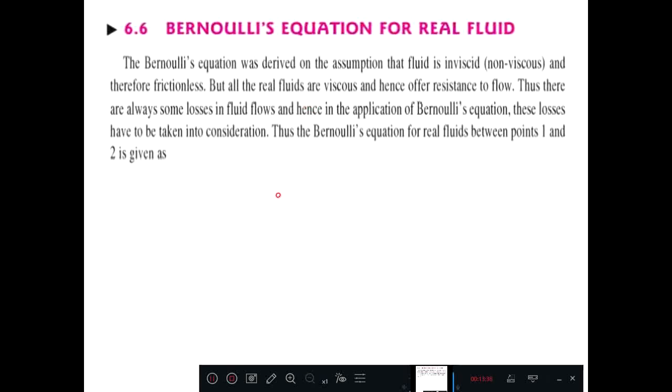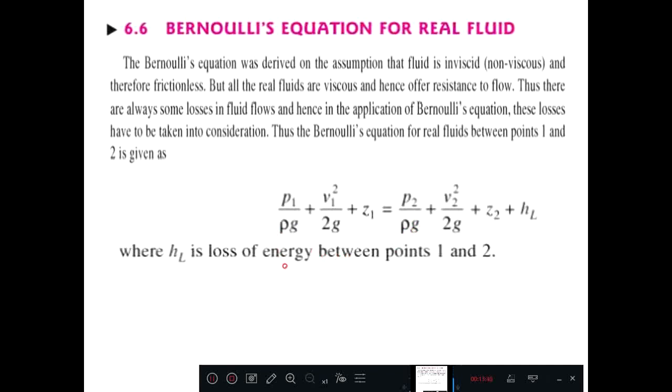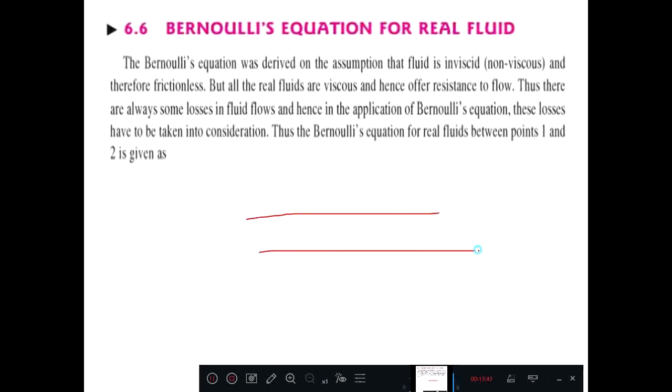For that, the energy at section 1 as well as at section 2 will be the same. Whatever energy the fluid possesses at section 1 will be the same at 2 and the same at 3. So there is no loss at all here. That is called Bernoulli's equation for ideal fluids, or without losses.